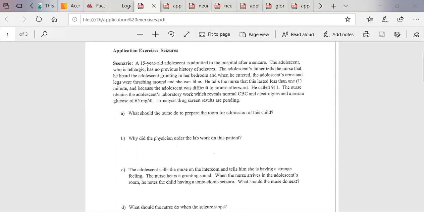Causes of seizures, 50% are idiopathic, so we have no idea why these kids are having seizures. Some of the other possible causes, it could be an infection, trauma, tumor, an inherited disorder, anoxia, metabolic disorder, lead poisoning.